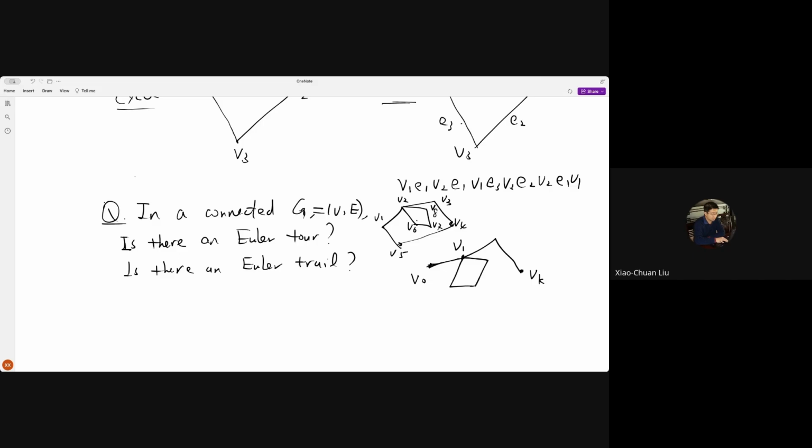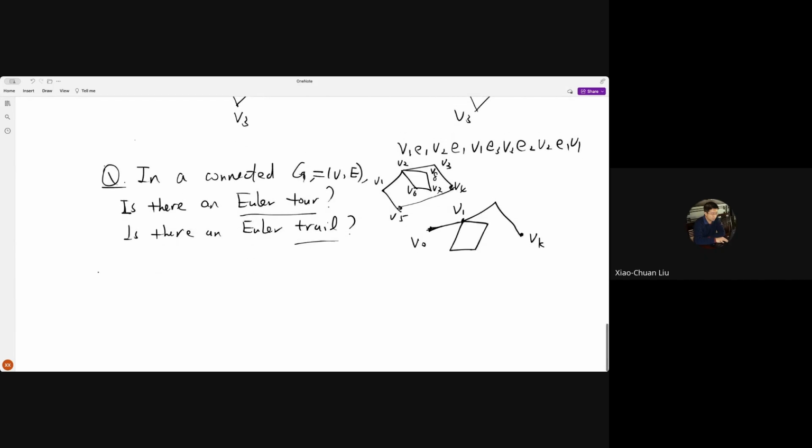And after you draw this Euler tour, you don't have any other edges left. The same for an Euler trail. You cover all the edges, but you are allowed to start and end in different vertices. And here you also cover every edge, but you start from V1 and you have to finish at V1. So this is the question, the key theorem of today.